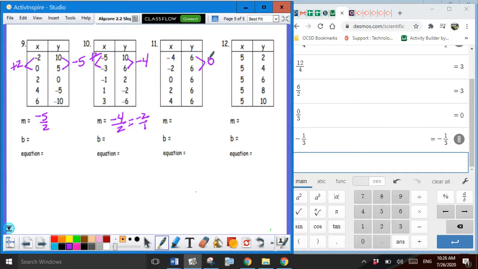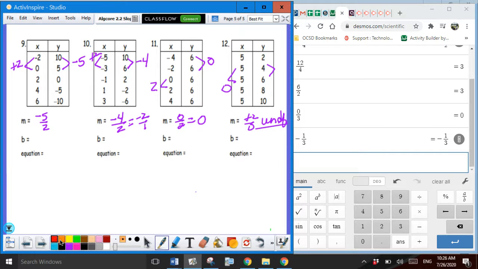Okay, 0, 2. So 0 over 2 gives me a 0 slope. And this next one, this one's a 0. So plus 2, 0, I know that is undefined.